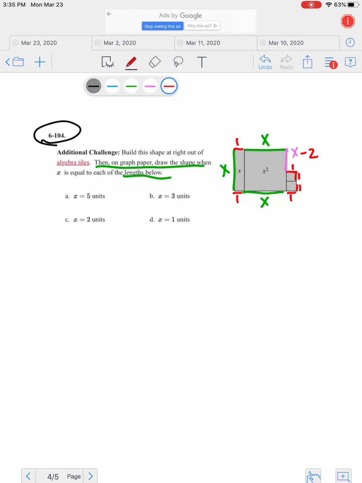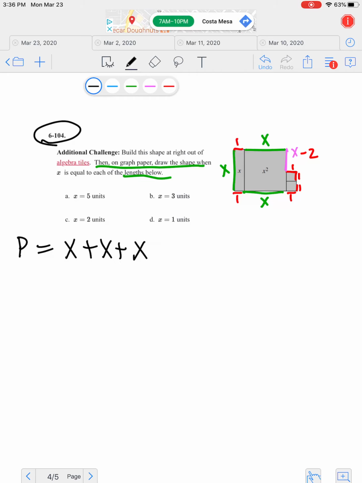And then you want to write the expression that goes with it. So the expression is x plus x plus x.